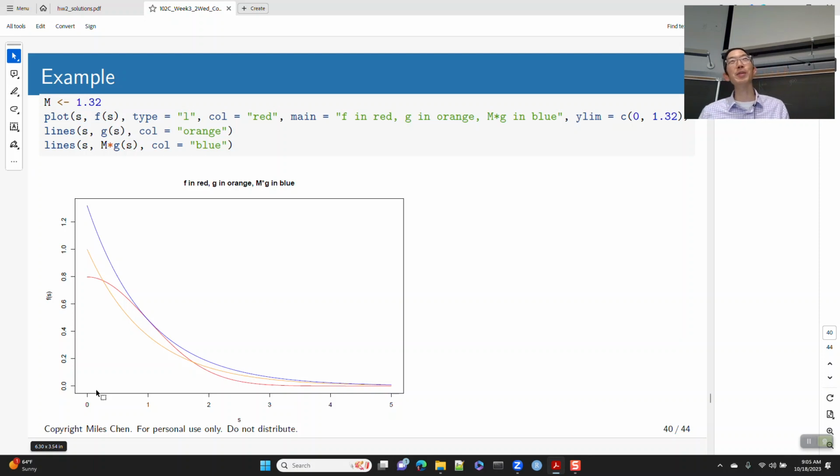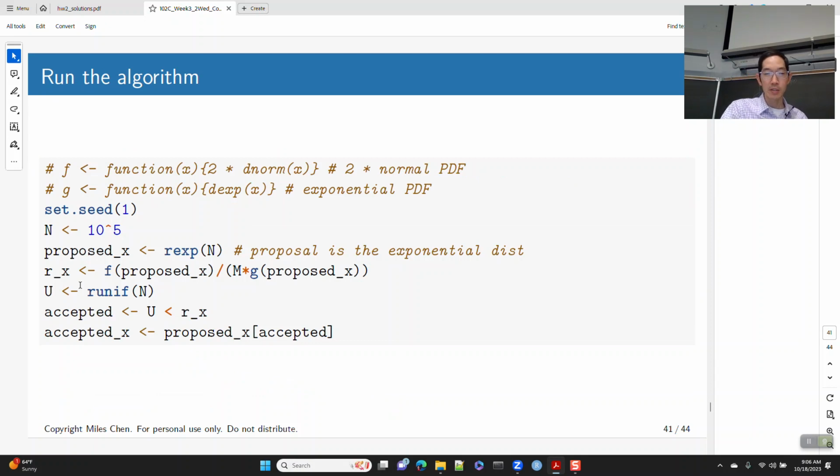So you might be able to get away with just saying, let's go from 0 to even 10. But then your g of x is going to be 1/10, and you'd have to scale it up by a very large M. Okay, so anyway, here we're going to just generate values.